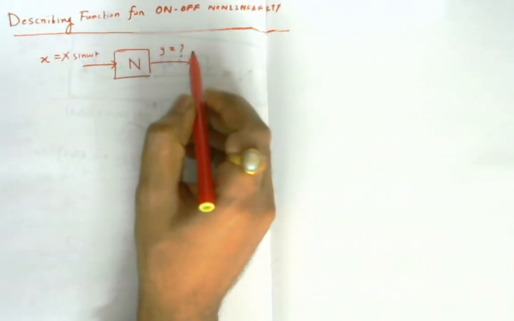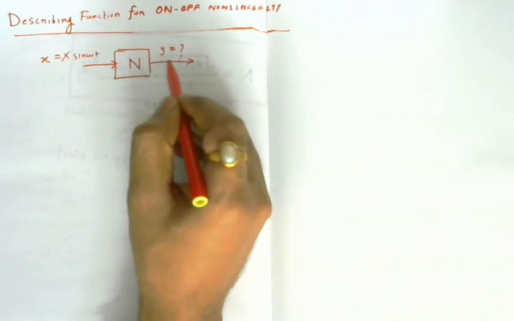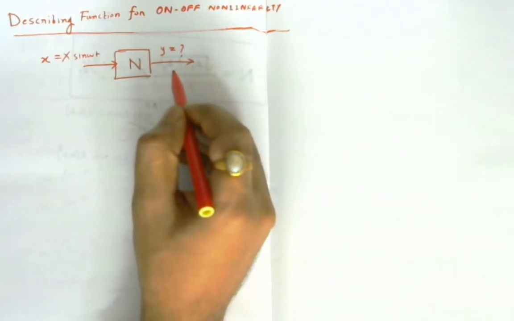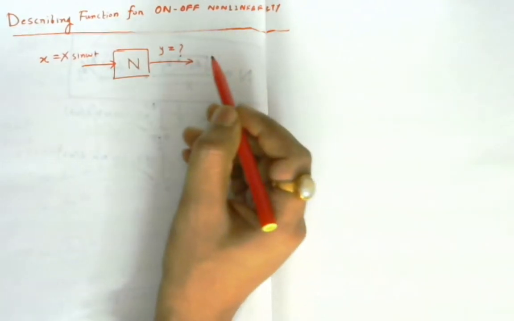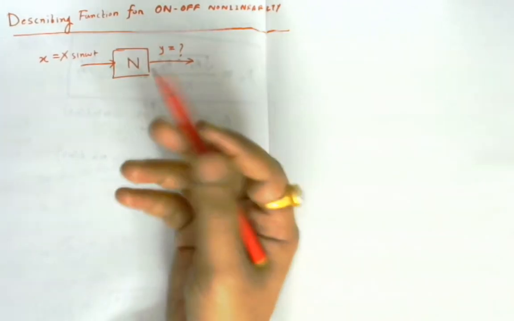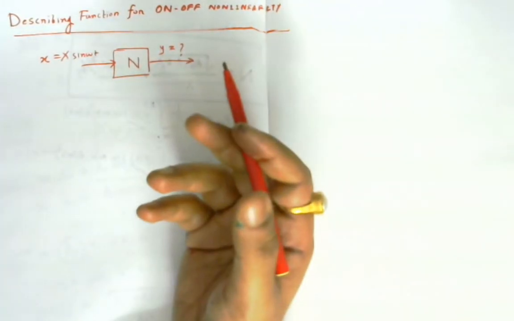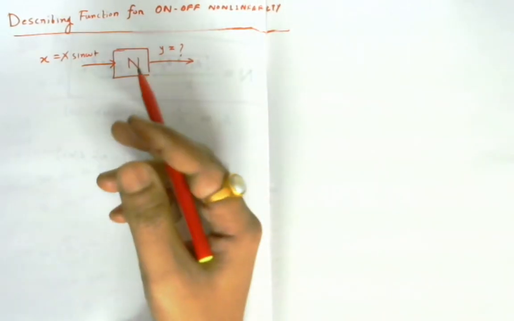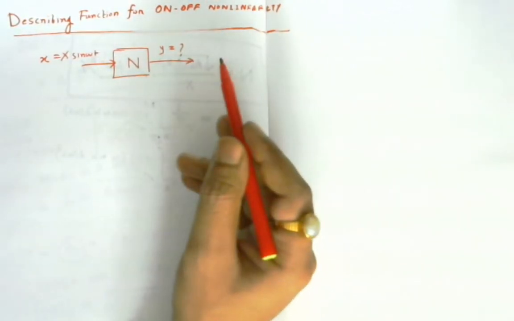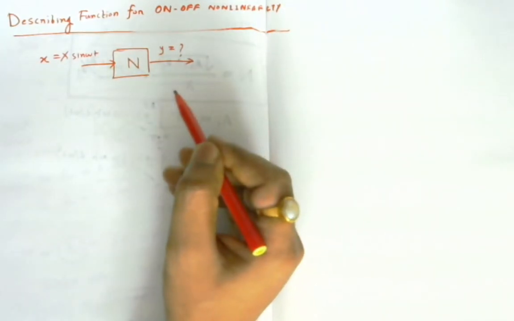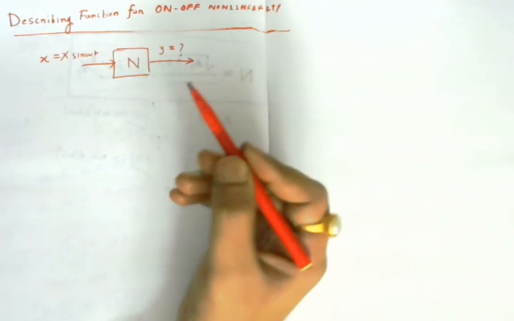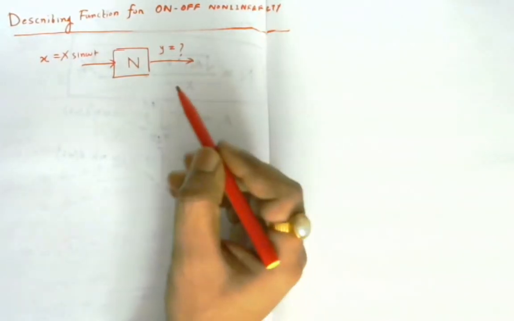So on this page I am going to draw the output waveform. Now I'm taking the case of the on-off nonlinearity. Let me draw the characteristic curve of the on-off nonlinearity. The characteristic curve of any specific nonlinearity is always drawn with respect to the x-axis and y-axis, where the x-axis denotes input and the y-axis denotes output.